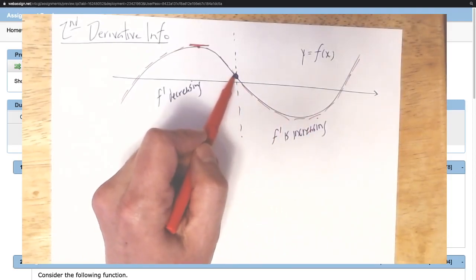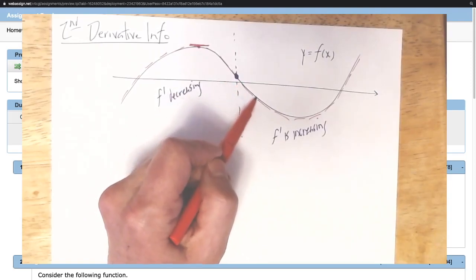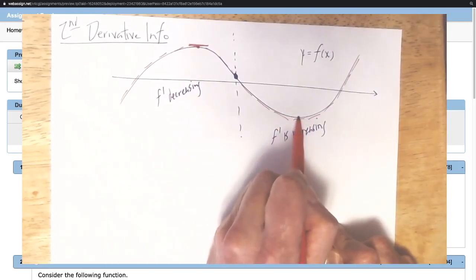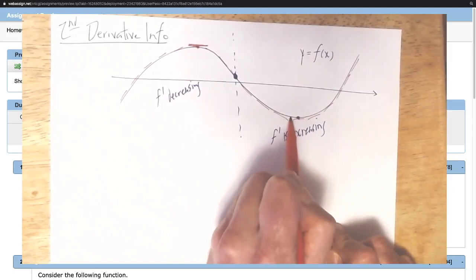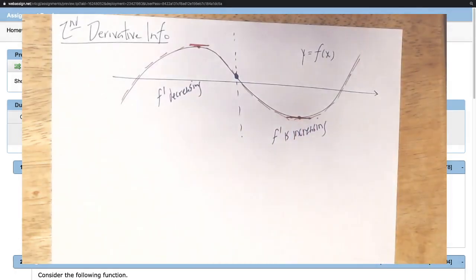Like right here, the slope is at its most negative that it gets. And then as you keep moving, the slopes start increasing until you get down to the valley here in the graph, right there at the trough, where you've got again a slope of 0. Of course, that's a critical point, and we talked about that in relation to the first derivative test.